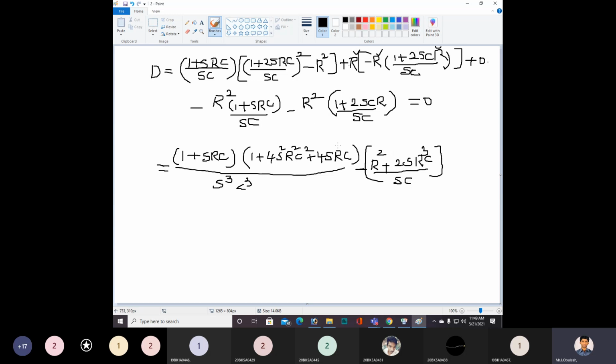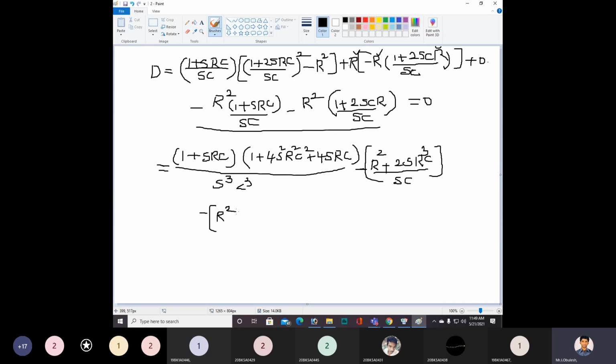What you will get here, you need to tell now. For this, minus R square, just send this R square inside, then you will get clarity.